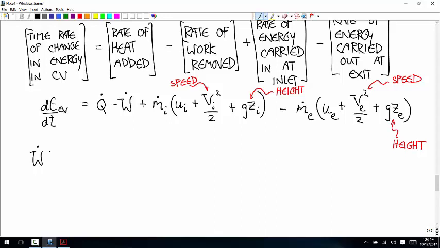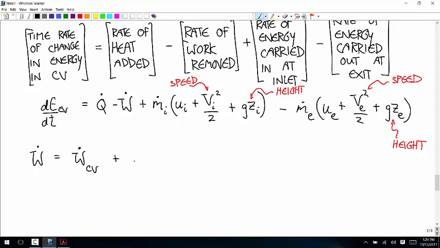So this is now the change in work inside the control volume plus the work done at the boundary, at the inlet boundary.